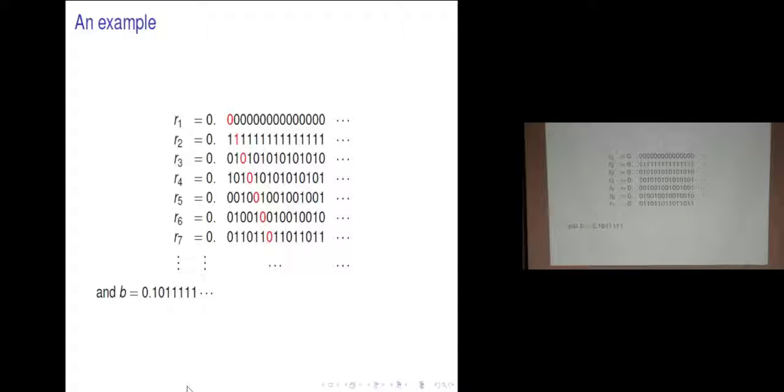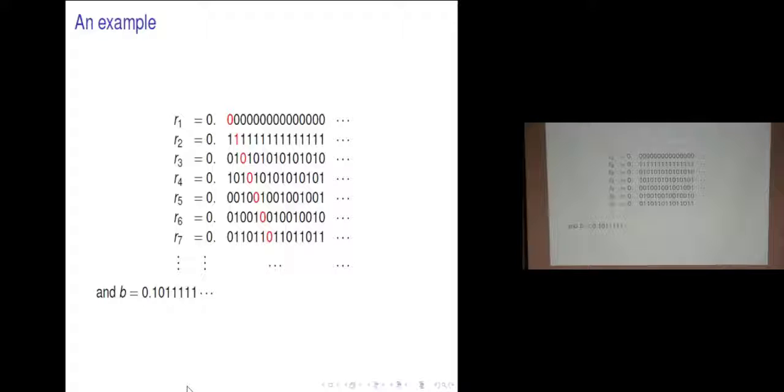You understand, right? Now look at one more, R3. R3 looks like this. What is your third digit? It is 0, so I define my third digit to be 1, so that I will be different from R3. One more, R4. What is your fourth digit?